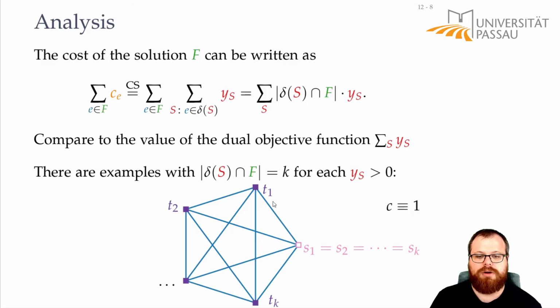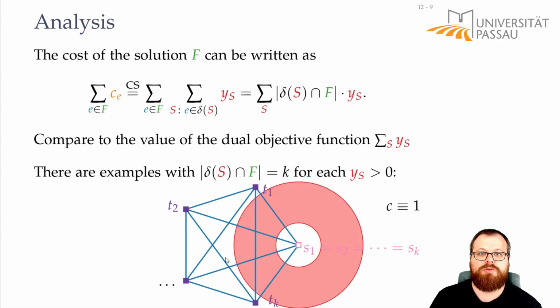Let's say the costs are all 1. And then it could be that we have some moat around just this vertex. And this picks everything. So we have a dual solution with value 1. We have a primal solution with value k. So this only gives us a k approximation following from this.